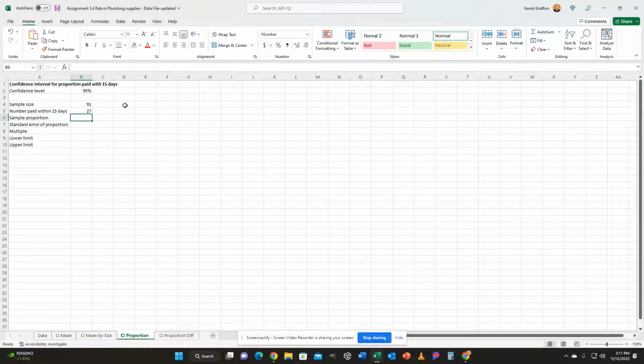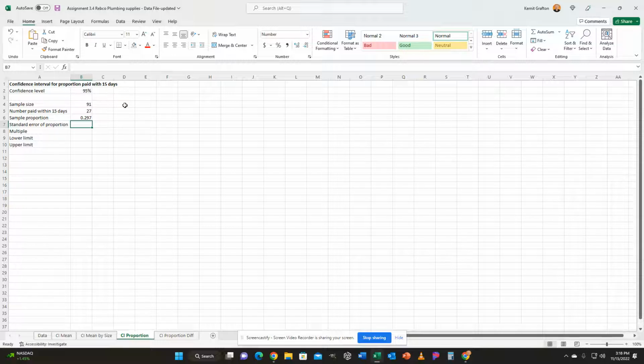The sample proportion is basically B5 divided by B4. That gives us the proportion. Proportions are going to be a decimal. Basically, proportion means percent, so that could be 29.7% if you want to state it that way. I just leave it at decimal. I went ahead and formatted these cells to give three decimal places, so you might want to do that for yours as well.